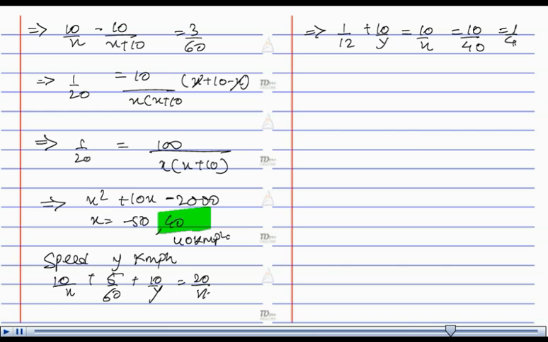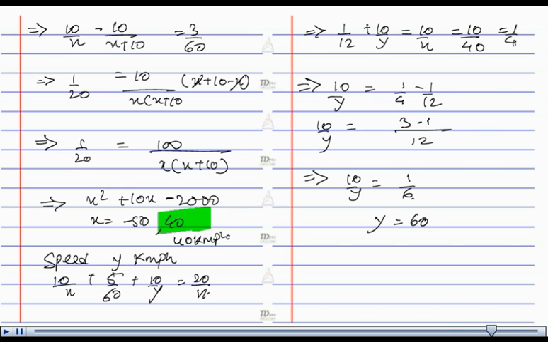So the final equation turns out to be 10 by y is equal to 1 by 4 minus 1 by 12. Taking 12 as the LCM, it will be (3 minus 1) by 12, that is 10 by y is equal to 1 by 6, or y will be equal to 60, that is 60 kilometers per hour.